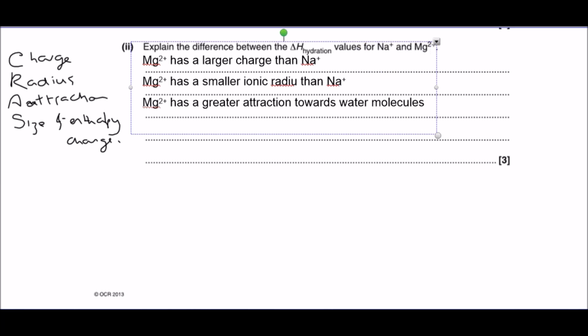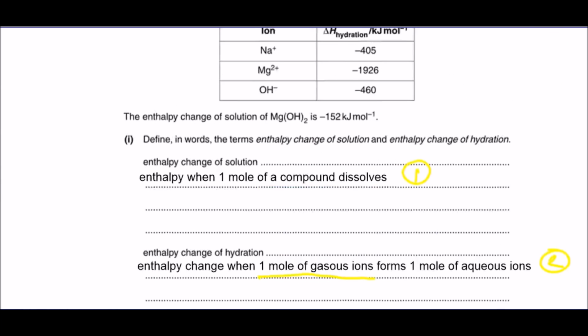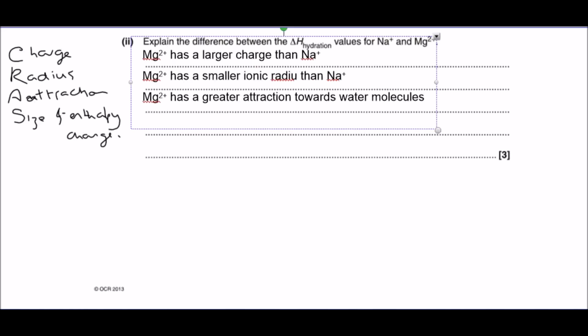Okay, so if we were following through with this model answer, we'd then say that Mg2+ has a more exothermic enthalpy of hydration. However, we've been told that earlier on up here, so we didn't need to go for that fourth point here. However, it doesn't hurt us to learn it.